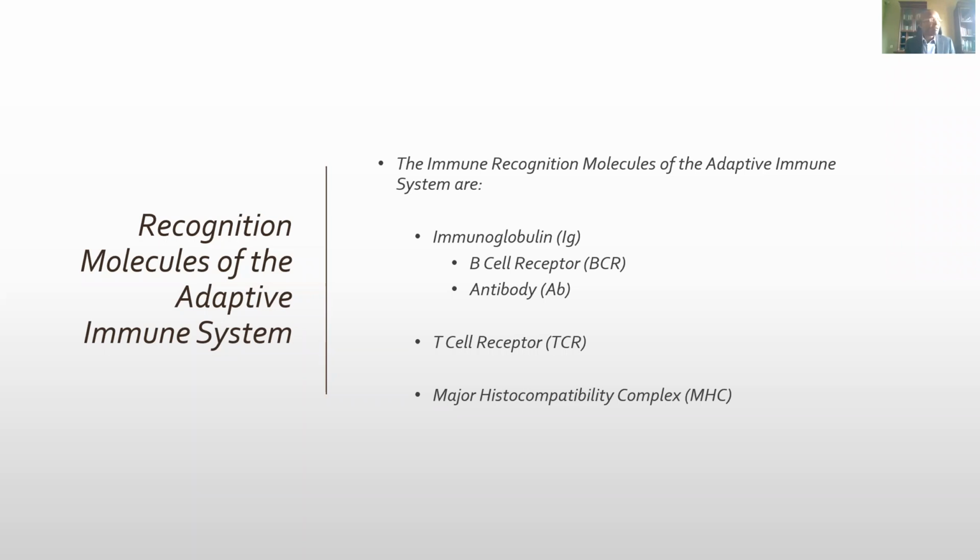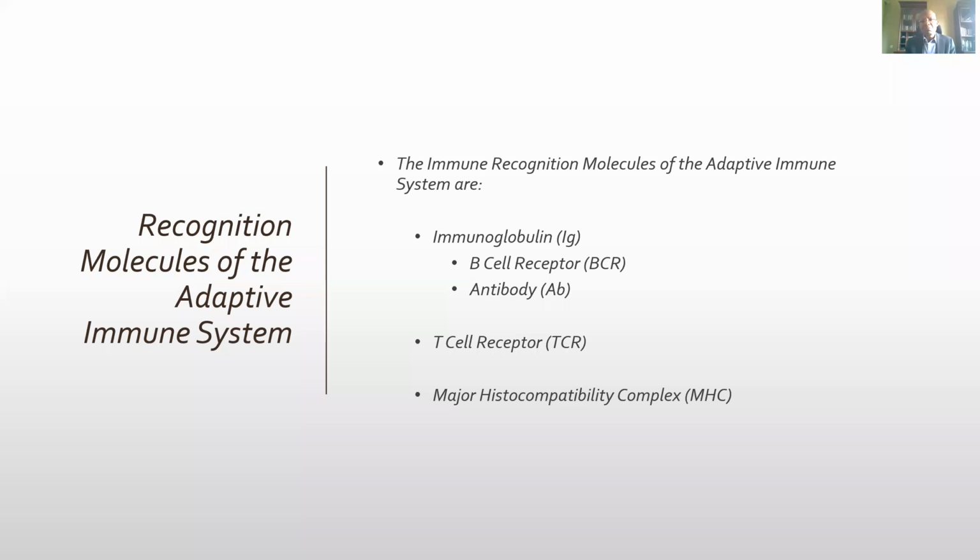Now the T cell recognizes sequences, short peptides, which are recognized by the T cell receptor. The T cell receptor is a different molecule altogether. It's not like the B cell receptor. It is able to recognize a peptide or an antigen, let me for now call it antigen, only when it's bound to the major histocompatibility complex.